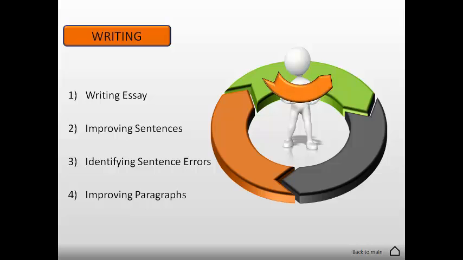That's the writing essay. The second part of writing consists of improving things, like improving a sentence. They'll give you a sentence and ask how you would improve it, what's a better way of saying it. And the other one is identifying sentence errors.